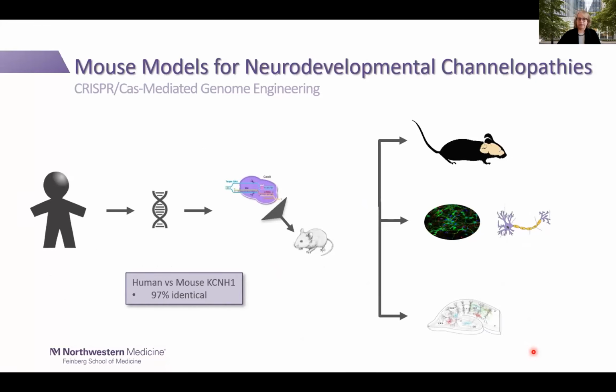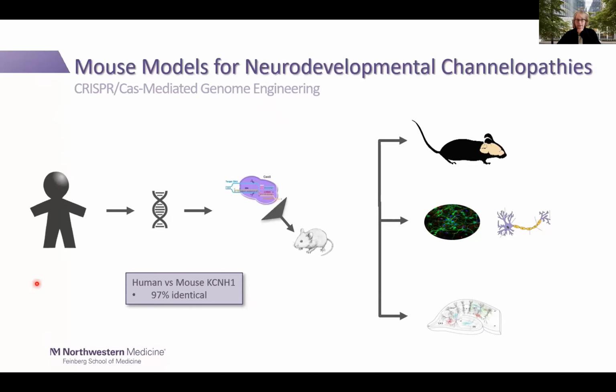So we have been making mouse models for neurodevelopmental channelopathies as part of the Center Without Walls that Dr. George talked about. He's actually my neighbor at Northwestern. And so we take the electrophysiology data and make decisions about which models to make.